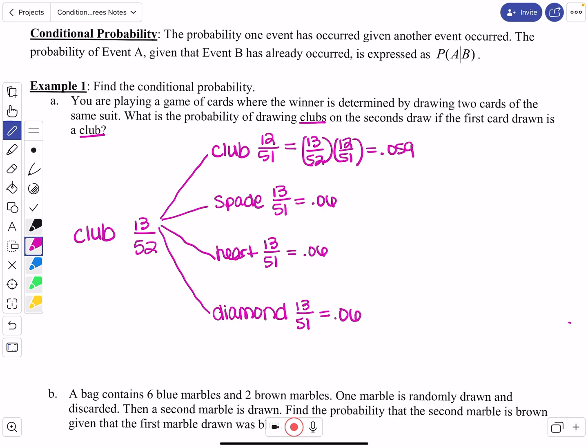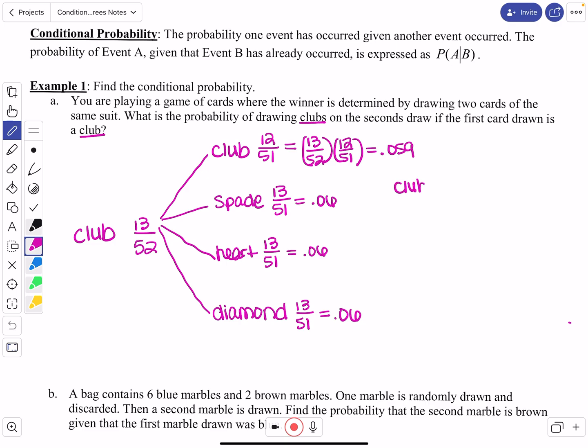Now we have to consider the possibility of the first card drawn being a club. How many ways can the first card drawn be a club? It can be a club and a club, a club and a spade, a club and a heart, and a club and a diamond. So there's 4 ways to get a club on the first draw, and we have to add up those probabilities.